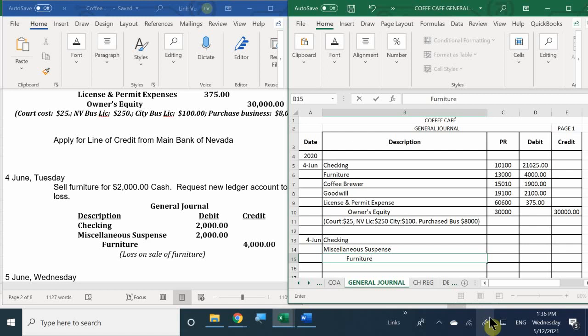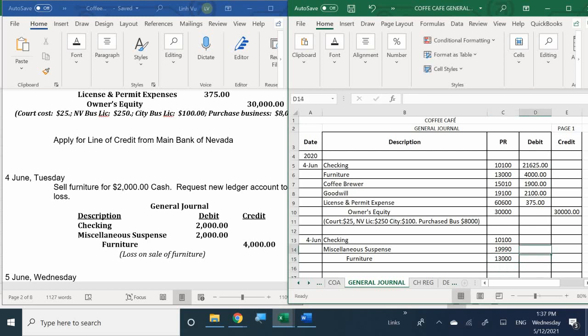Once again, my checking account was 10,100. What was my miscellaneous suspense account? 19,990. And then my furniture account, 1,300.